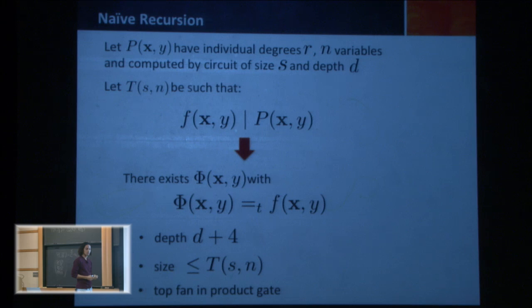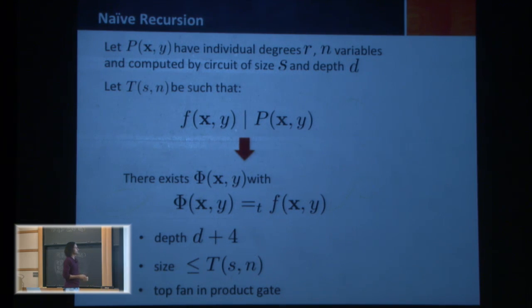The depth I'm maintaining at d plus 4. You're using only the original circuit, not what you constructed. Exactly. I only keep using the original circuit. Right. So the idea is let T(s, n) be the upper bound on all of the circuits of depth d plus 4 with a top product gate such that these circuits approximate any factor of p.